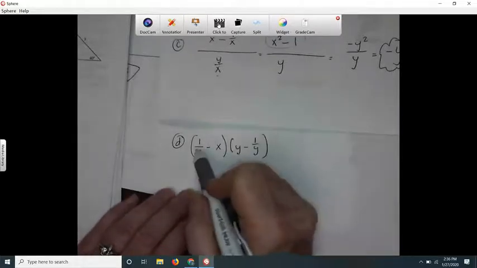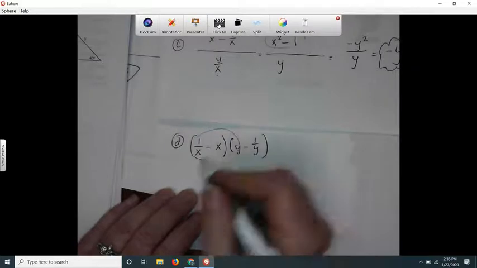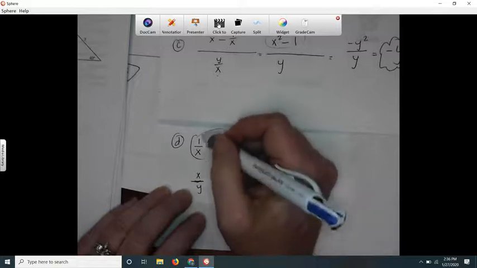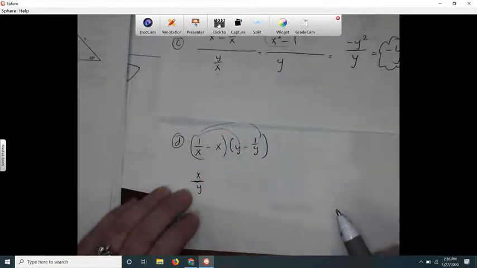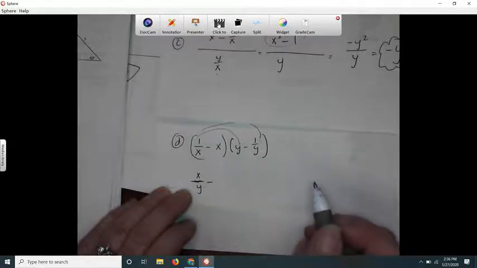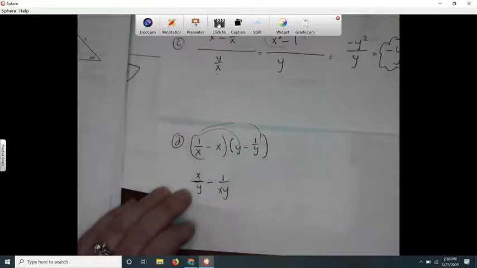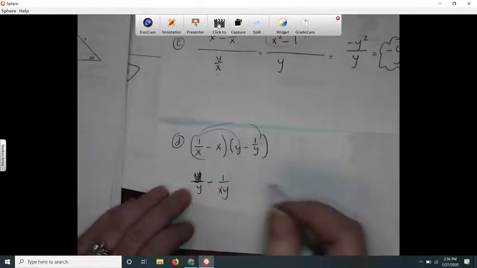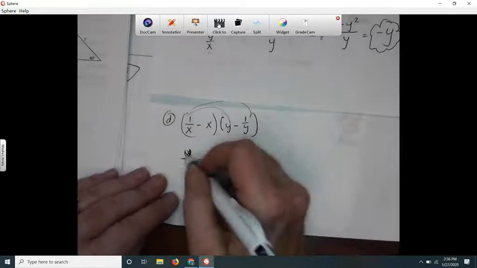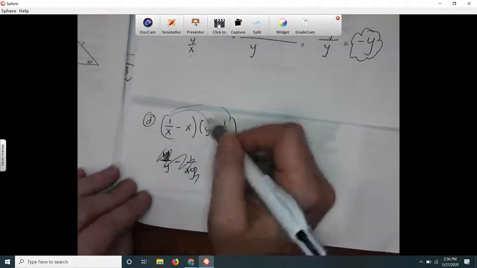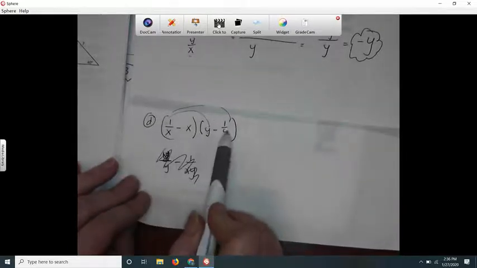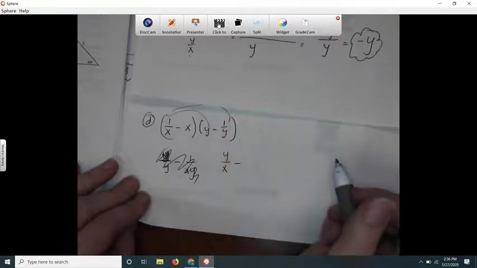This times this would be x over y, and this times this would be negative y over x. Then this times this is y over x, and this times this is negative 1 over xy.